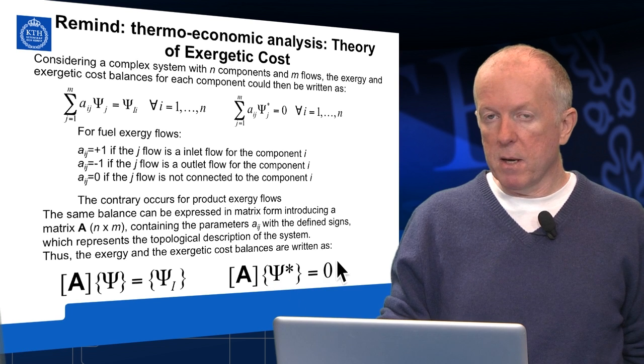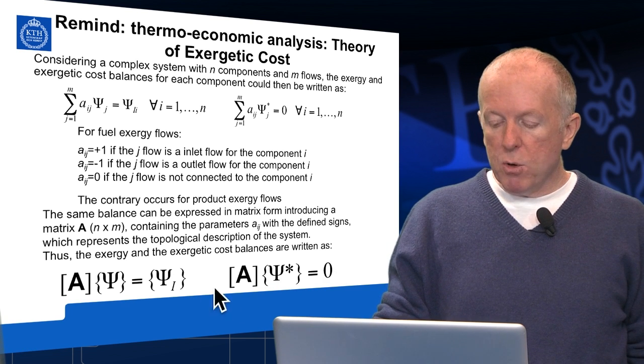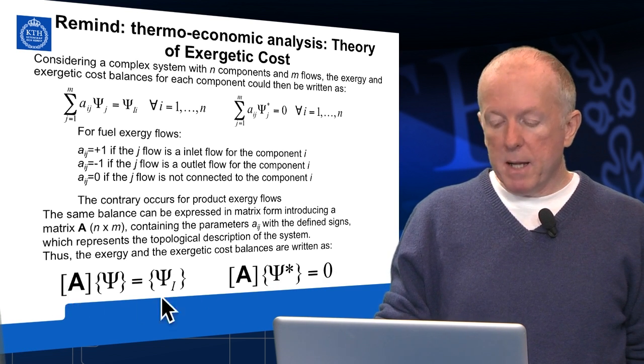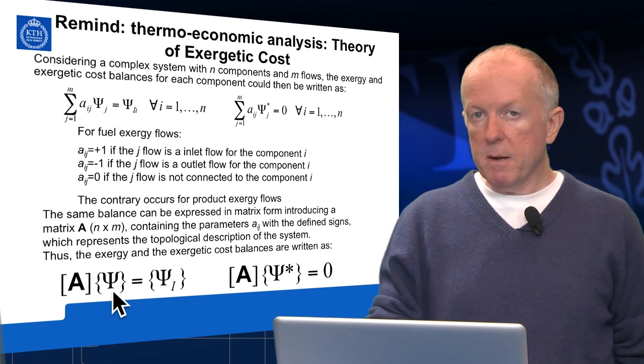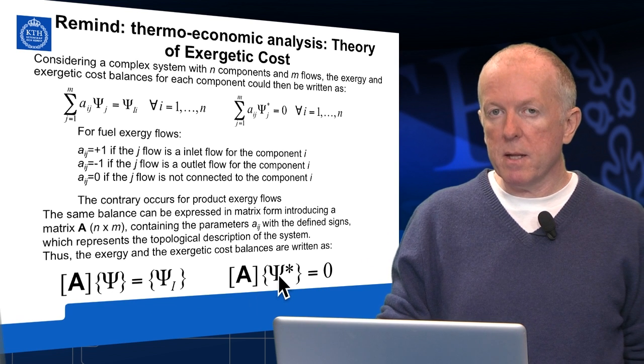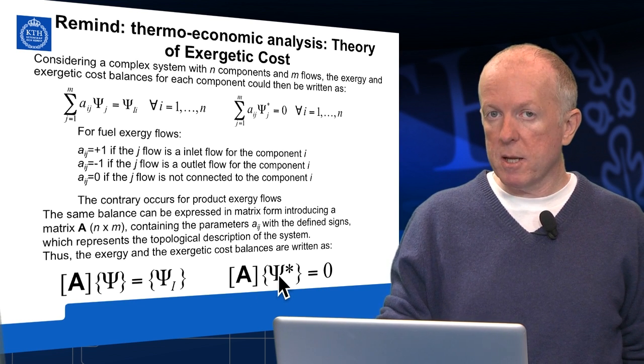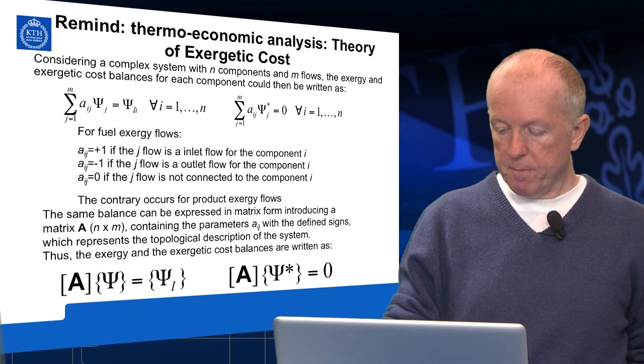This is equal to 0. But you notice the topological matrix is of course the same. So in the first form we calculated the psi, the exergy flow. In the second form we calculate the exergetic cost of every single exergy flow.